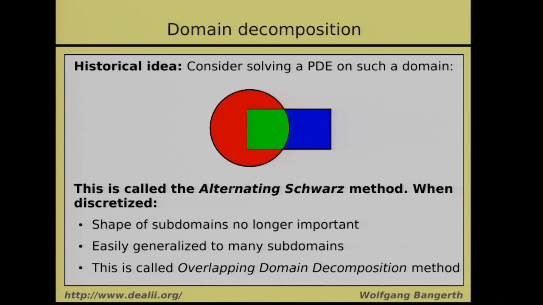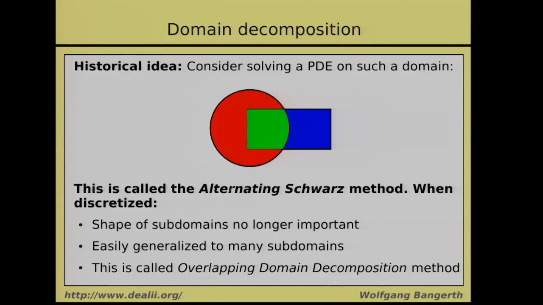Of course, in addition to this, the number of subdomains does not matter to a computer. We can have as many subdomains as we want, and in particular, if you have some domain that you want to solve a PDE on, you just split it into different blocks that overlap. They could be circles, they could be boxes, they could be potato-shaped or whatever shape you want. And then you just solve on this block, you get a solution.